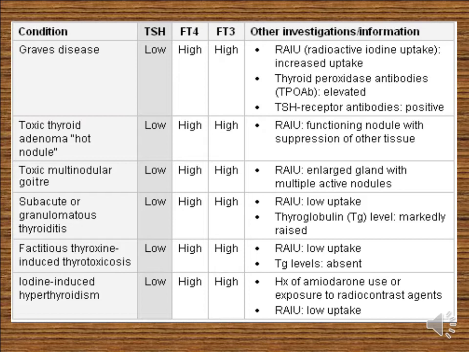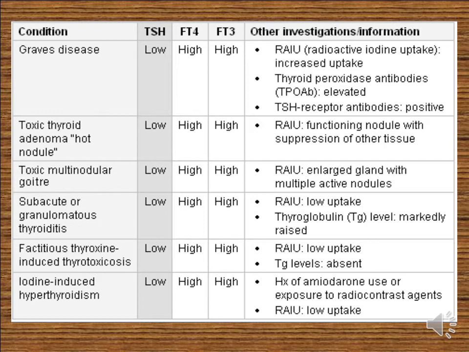In Graves' disease, TSH is low, T3 and T4 are high, and radioactive iodine uptake is increased, thyroid peroxidase antibodies are elevated, and thyroid stimulating receptor antibodies are positive. In toxic thyroid adenoma, a hot nodule, TSH is again low, T3 and T4 are high, with a functional nodule and suppression of other tissue on radioactive iodine uptake.